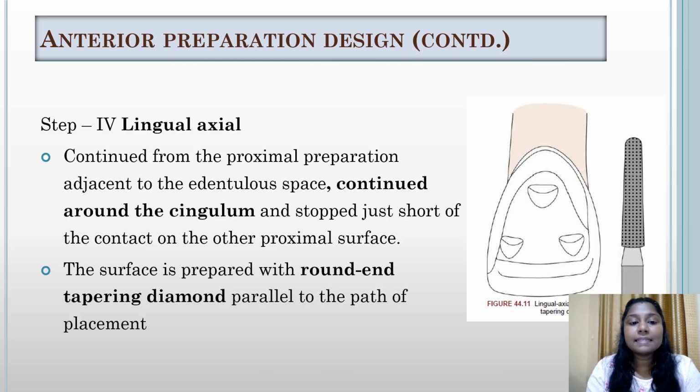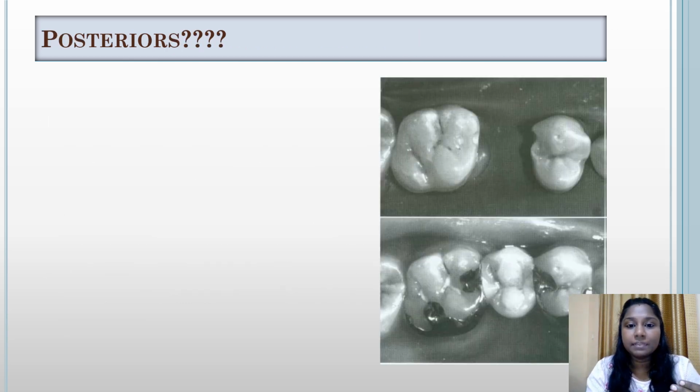The fourth and final step is the lingual axial preparation. It is continued from the proximal preparation adjacent to the edentulous space, continued around the cingulum, and stopped just short of the contact of the proximal surface. The surface is prepared with a rounded tapering diamond bur that is parallel to the path of placement.